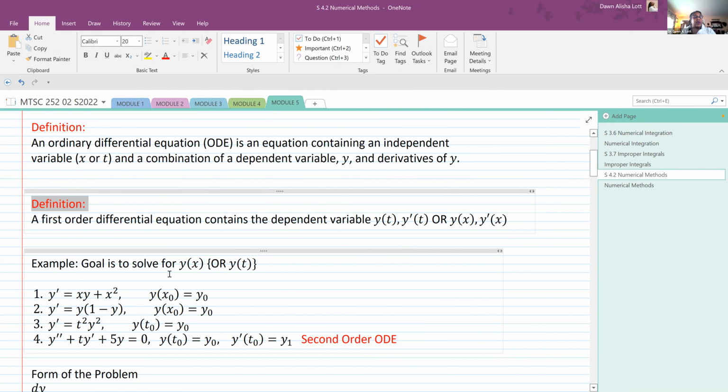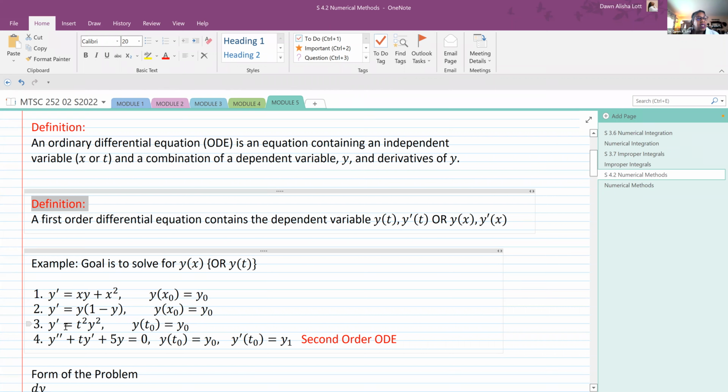In number 3, again, I have y prime equal to t squared plus y squared. So here the independent variable is t. And then there's some information given to you that y at t naught is equal to some value y naught.